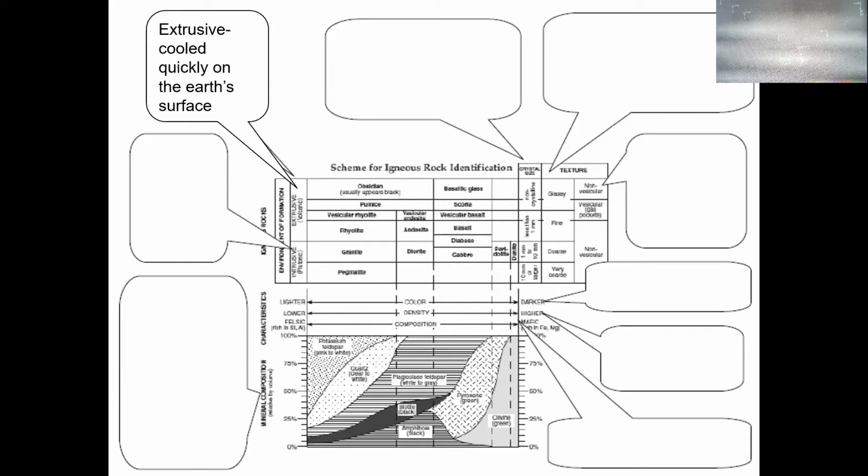So the extrusive rocks, can you guys look at your chart and tell me what are the names of all the extrusive rocks? Obsidian, pumice. Which letter does it begin with? V, vesicular rhyolite. Rhyolite.